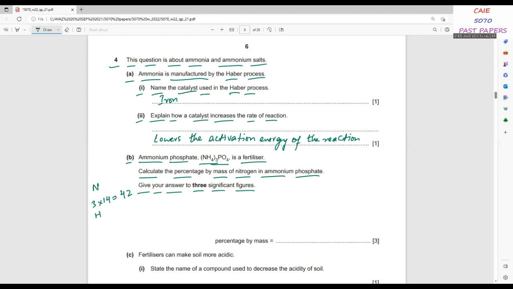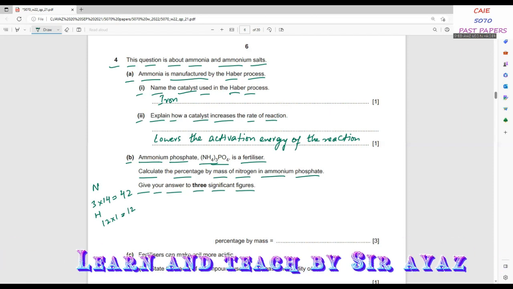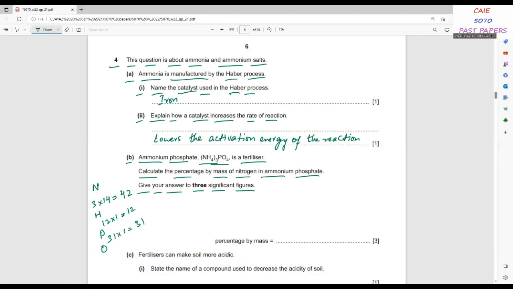So for hydrogen, 12 multiplied by 1 is equal to 12. Phosphorus, the nucleon number or Ar of phosphorus is 31. 31 multiplied by 1, we will get 31. Oxygen, there are 4 atoms of oxygen. So we will multiply nucleon number of oxygen by 4. 16 multiplied by 4, we will get 64. So adding up these together, 42, 12, 31, and 64.